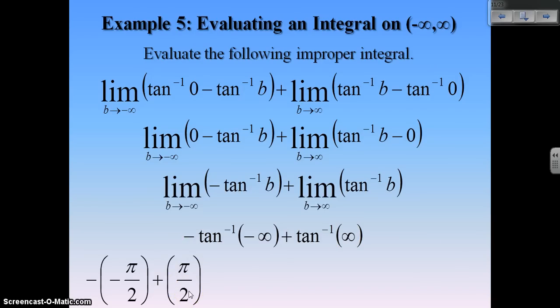And we know that because if you look at the graph of tangent, you have asymptotes at pi over 2 and negative pi over 2, and the graph follows the asymptote up forever and down forever. So if I simplify that, I have pi over 2 plus pi over 2, which is just pi.